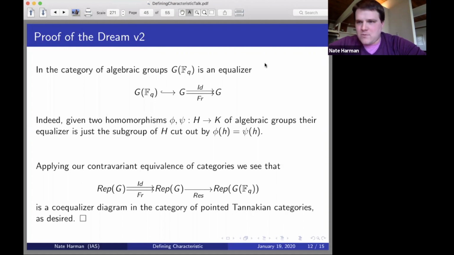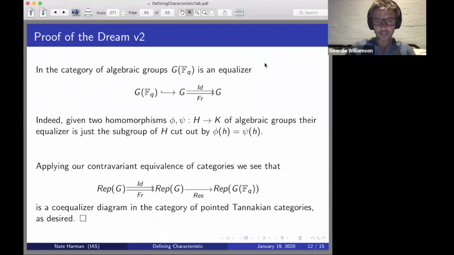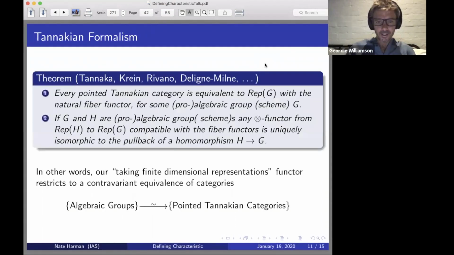So I have a bit more, but maybe this is a good place to pause for some questions. Nate, if you go back to the previous slide, I'm a bit suspicious of your equivalence there, because I'm operating on memory from using Tannakian formalism, but somehow Tannakian formalism sees things up to conjugacy rather than on the nose.